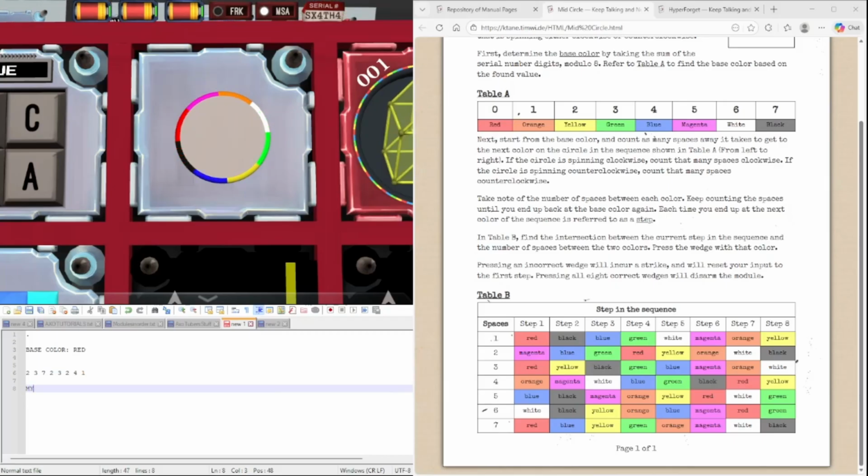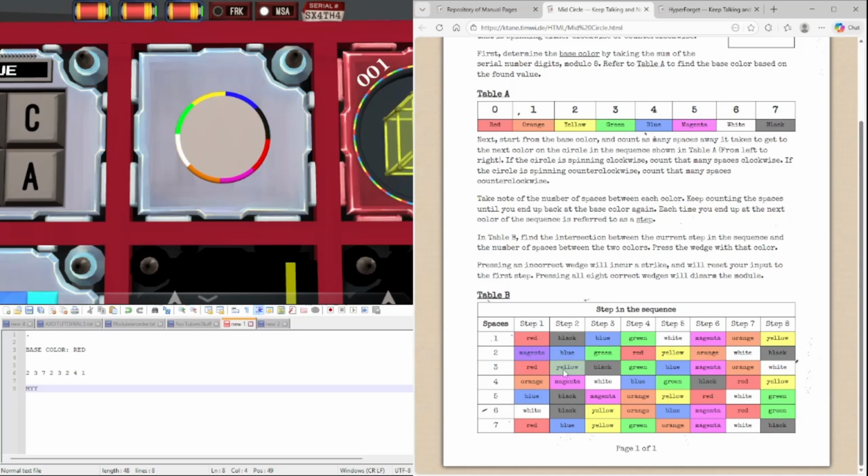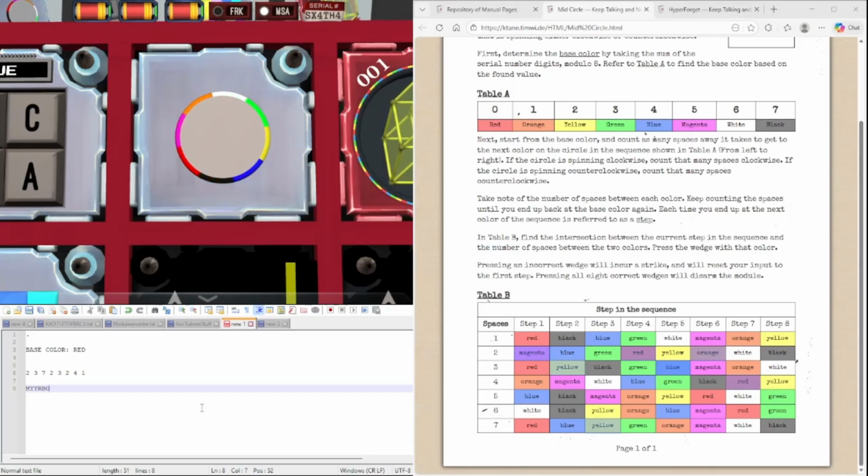Magenta, yellow, yellow, green, no, magenta, yellow, 2, 3, 7, 2, so red, 3, 2, blue, orange, 4, red, 1.